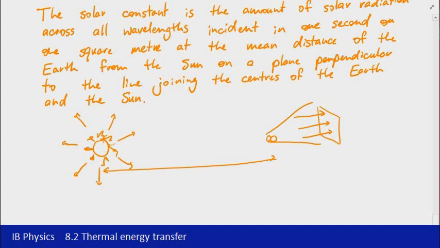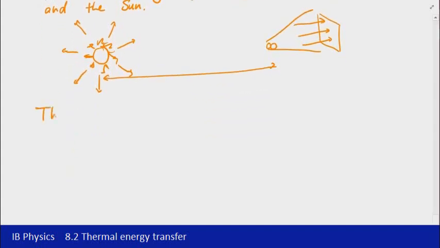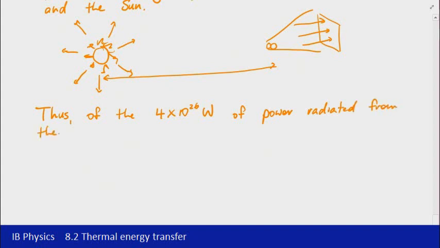So a fairly specific amount, and if we look at all of the radiation from the Sun, we can identify that of the 4 by 10 to the 26 watts of power radiated from the Sun, there's only a very small quantity that would correspond to the solar constant.